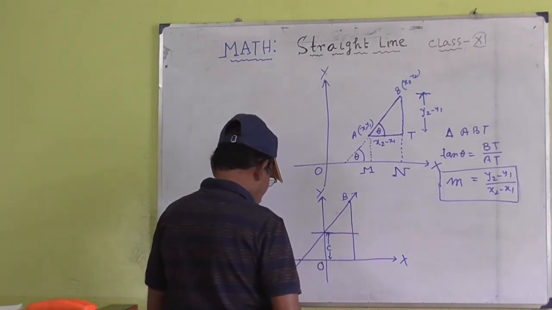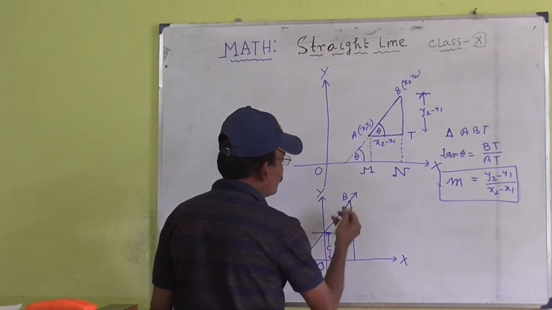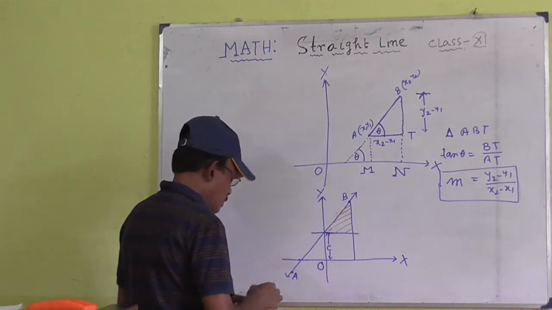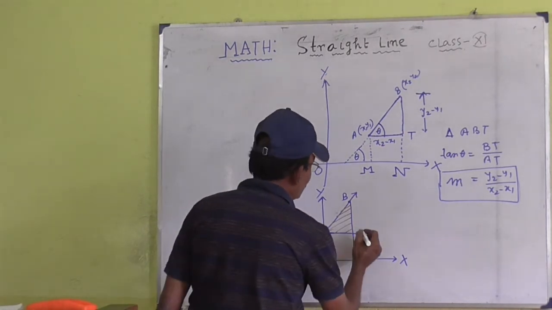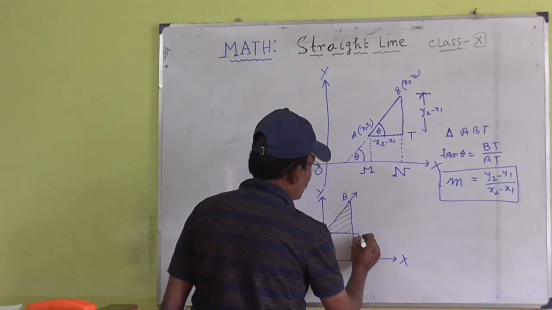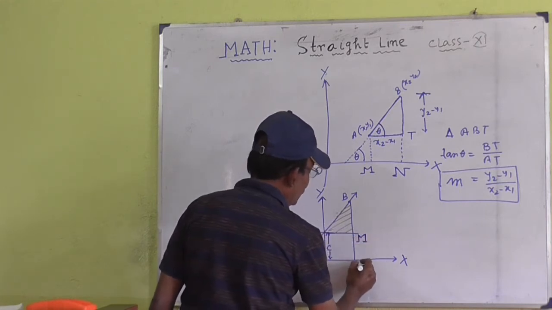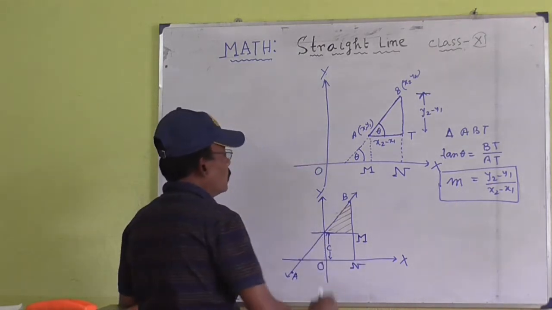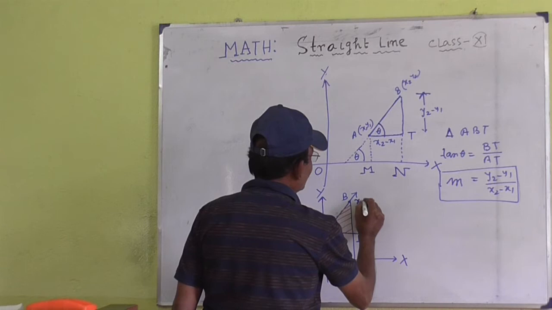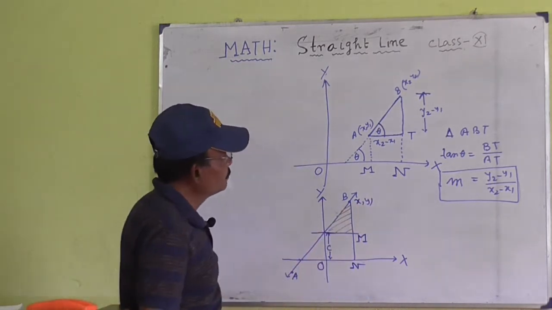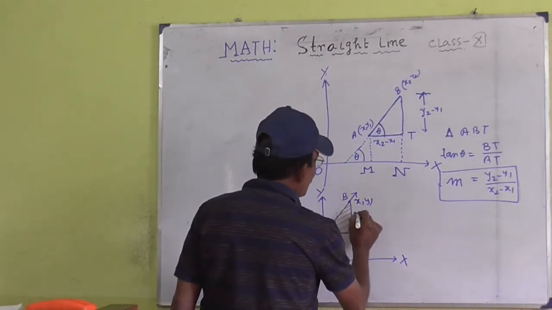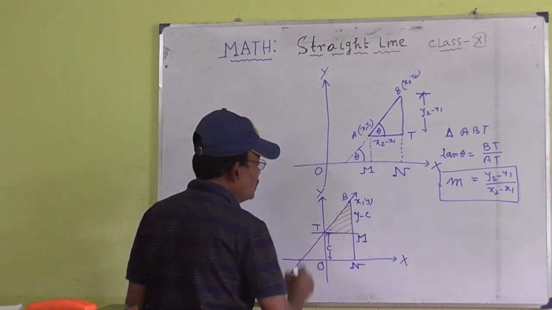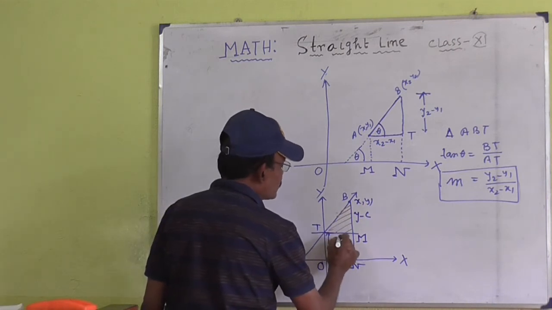If we consider this triangle, let us take this is M and this is N. If this point is x, y, and this is C, then BM will be y minus c and let TM be x.